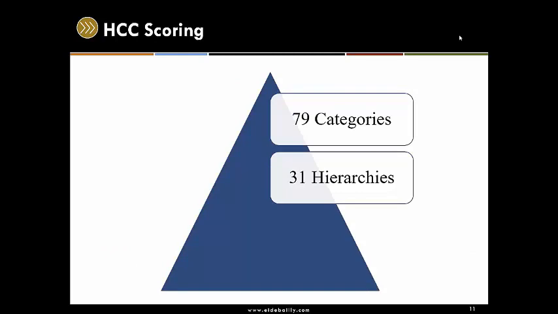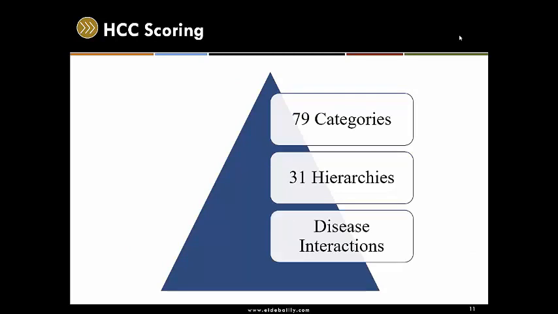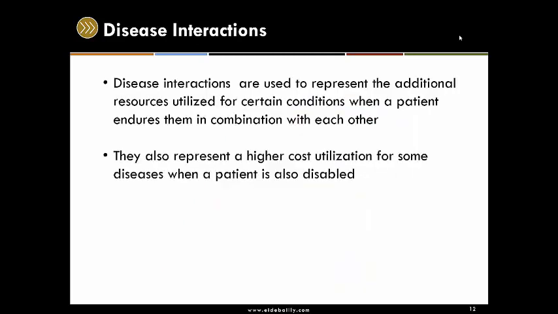The categories, the hierarchies, and then finally we have something called disease interaction. Disease interactions are used to represent the additional resources utilized for certain conditions when a patient endures them in combination with each other. A good example of a disease interaction is congestive heart failure, because that has a disease interaction with diabetes. It has a disease interaction with COPD, with arrhythmias.